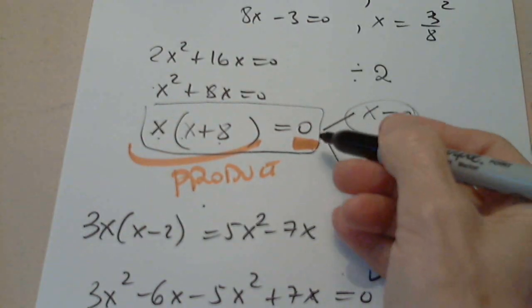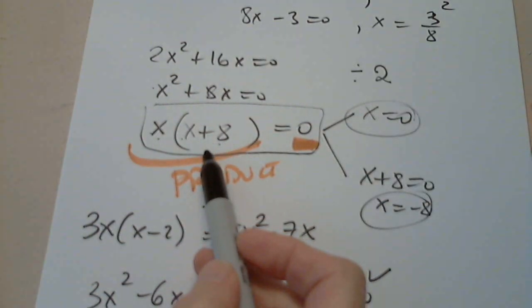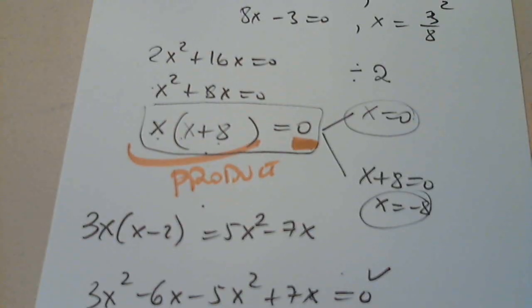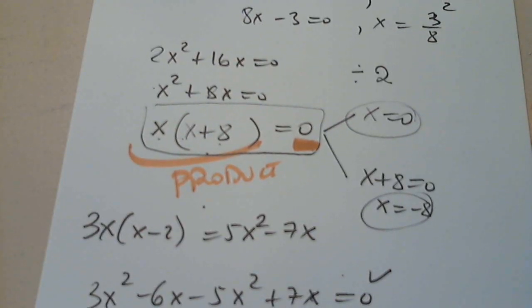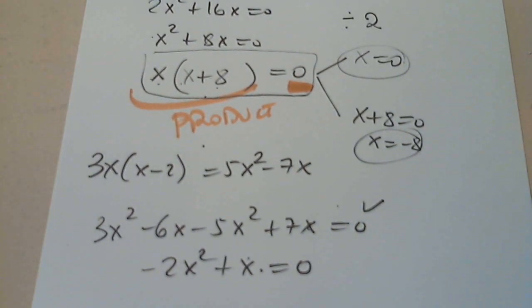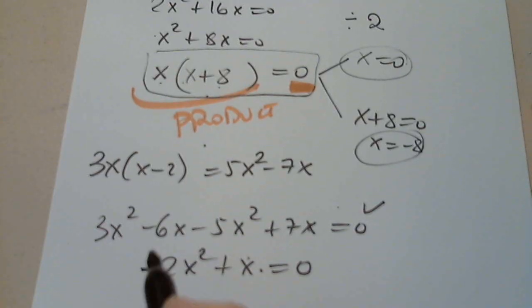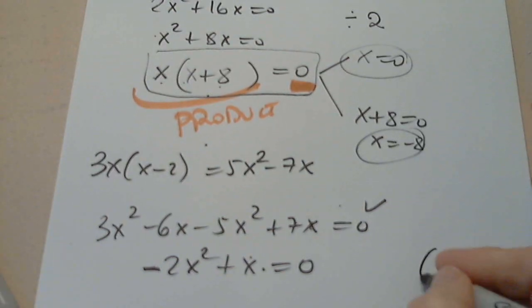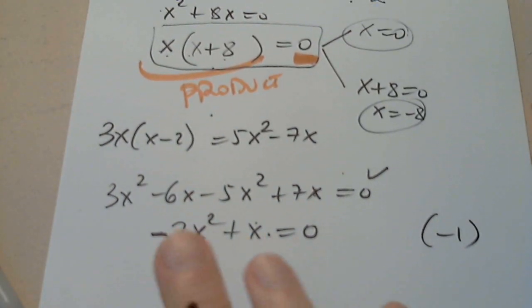Okay, I accomplished the 0 on one side, but I don't have a product on the left yet. Of course, I have to combine like terms: negative 2x squared plus x equals 0. At this stage, I realize there is a negative leading coefficient. No one will ever force me to solve an equation with a negative leading coefficient. I'll multiply both sides by negative 1. This is not an expression.